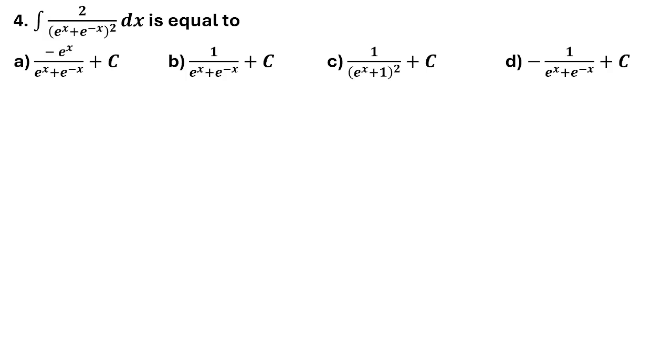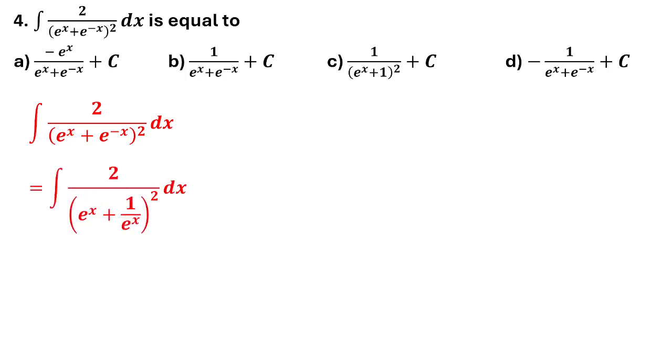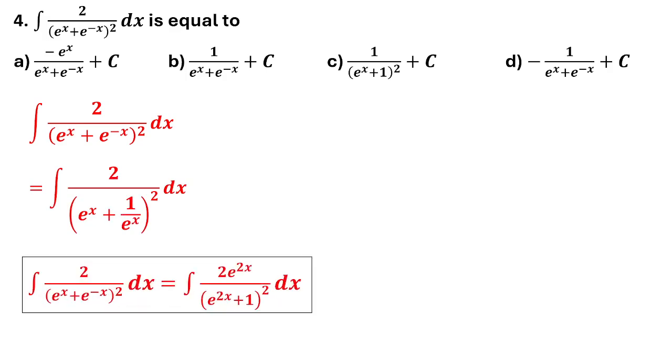Question number 4. 2 upon e power x plus e power minus x the whole square. Now, be careful. In these types of problems, you may find the integration, but we have to check the correct answer which is given there. I am taking the integral and writing it as e power x plus 1 by e power x the whole square. I am taking the LCM. E power 2x will go to the numerator.